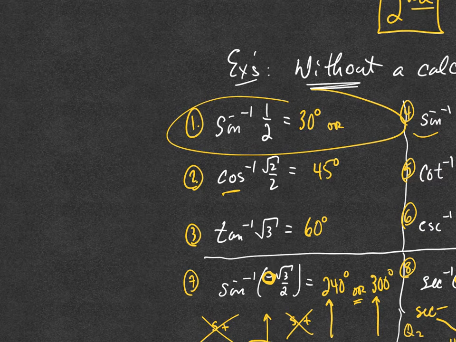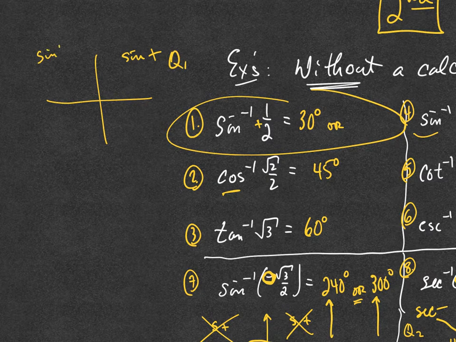Because the question started off, find the angle whose sine value is 1/2. And I just had you look in your table. I had you go under the sine column until you bumped into 1/2, go over to the left, and the angle's 30 degrees. But because the 1/2 is positive, I could ask you to find both quadrants where the sine is positive, obviously in quadrant number 1, but the sine is also positive in quadrant number 2.